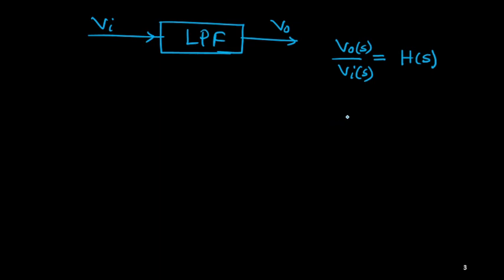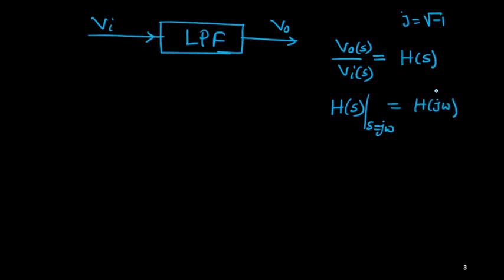So the frequency response of the system is given by this: where H of S is known, if I replace S by j omega, where omega is the frequency and j is simply the square root of -1, a complex number, we will get H of j omega.